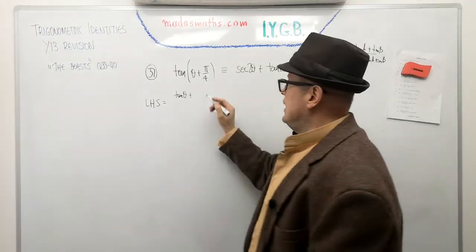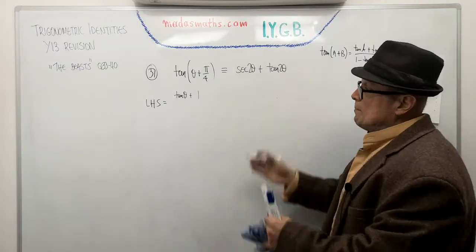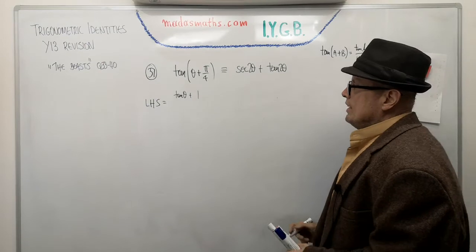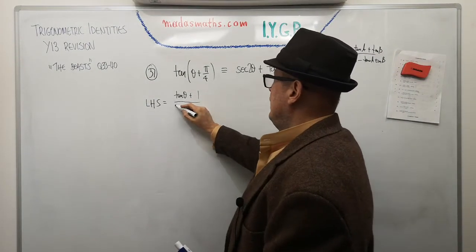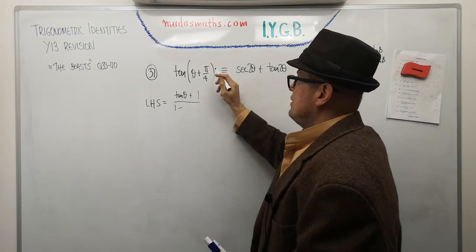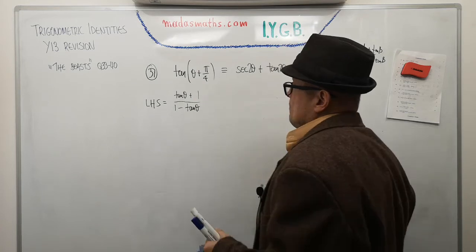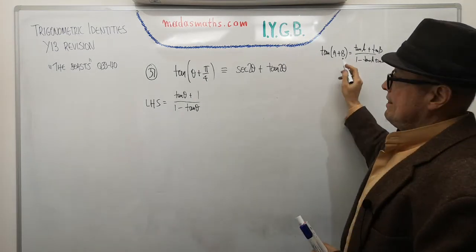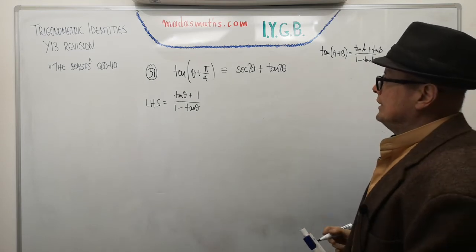Just take your calculator, tan of pi over 4 is of course 1. Try to cut a few of the steps because there might be quite a lot of things to do on this one. And then I've got 1 minus the tan of theta times the tan of pi over 4. The tan of pi over 4 again is 1. So that's not a difficult step. It's just basically applying this identity and substituting the tans of pi over 4 for 1s.